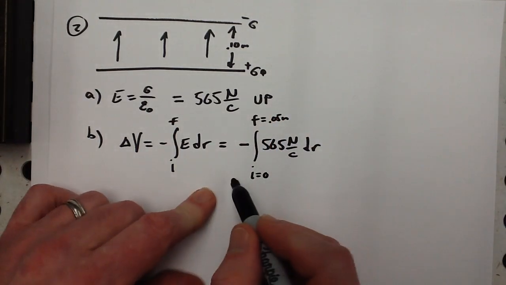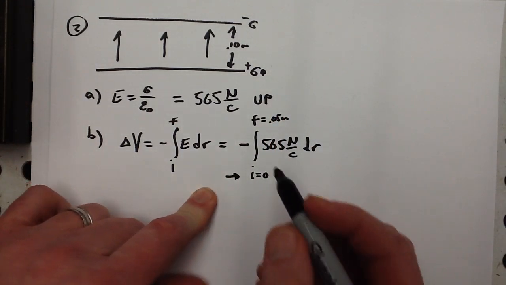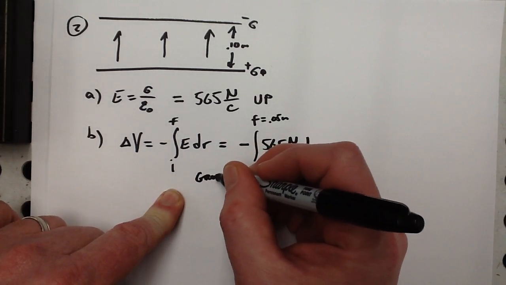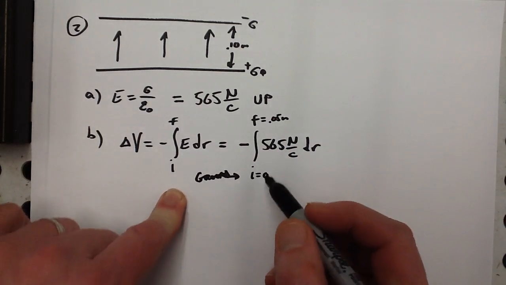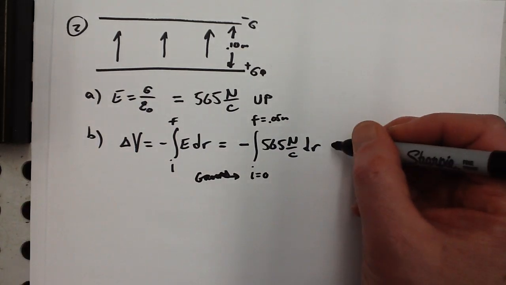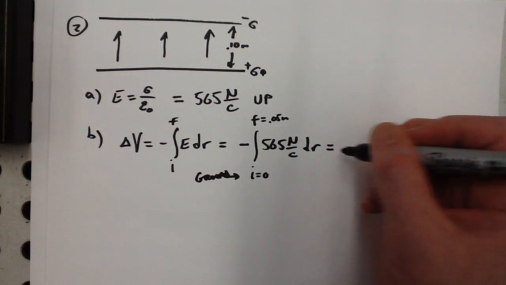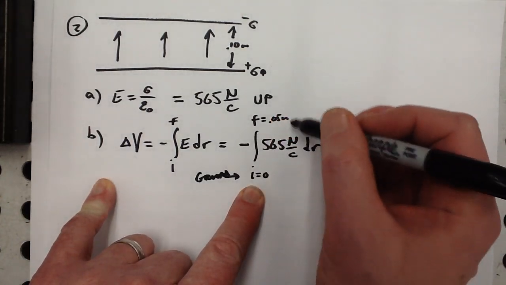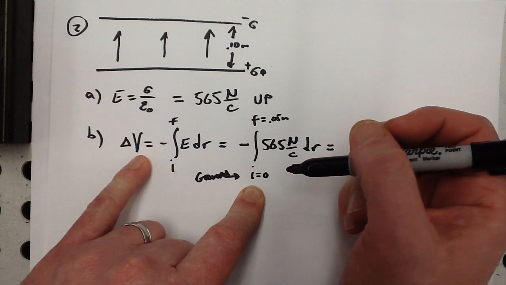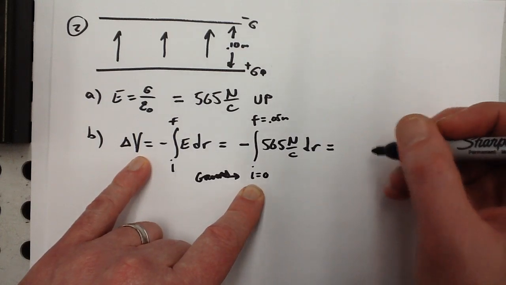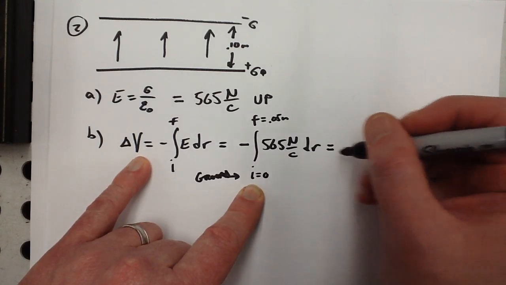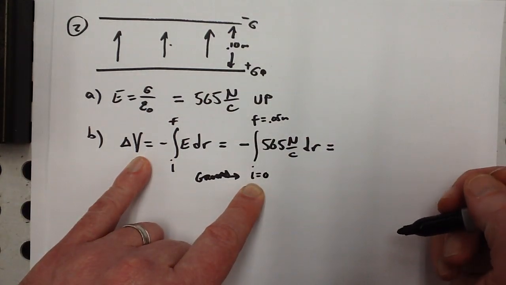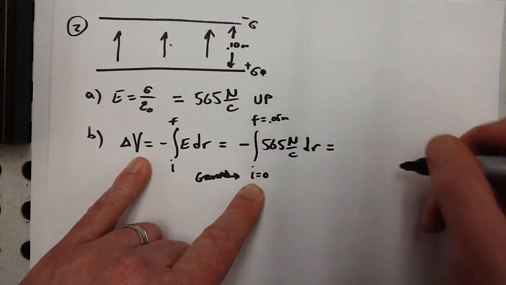I'm choosing to go from 0, not because I love the number 0 so much, but because this is a ground. That's where we know that the electric potential is 0. So that means that since this is ground, the value of this integral will be the value of the electric potential at that point halfway in between the two plates.